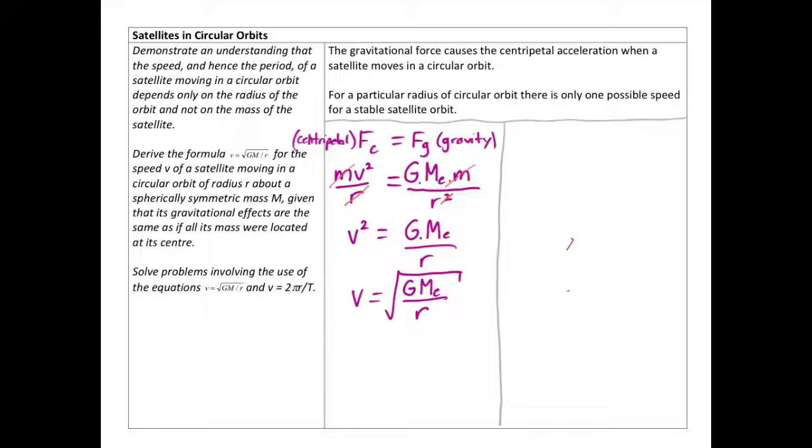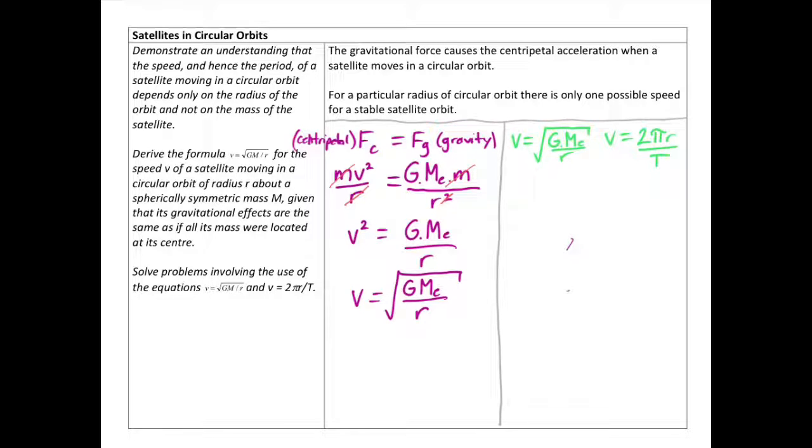It's another one where we equate things. So we know that the velocity is equal to the square root of GM_E on r, but we also know for an object moving in circular motion that velocity is equal to 2 pi r on period.